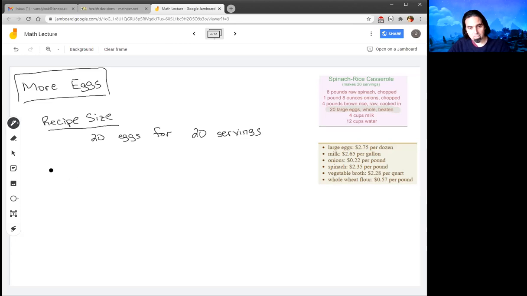We want to make 60 servings. So we're going to need 60 eggs, 1 per serving. You could also say, oh, I'm multiplying by 3.